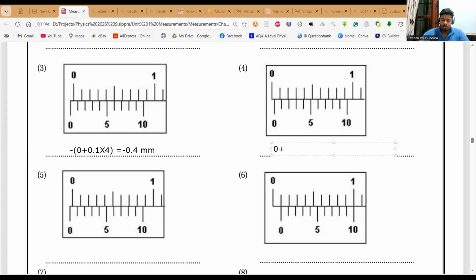Therefore, 0 plus 0.1 multiplied by the number of divisions coinciding, which is the third one. From the front side, now we are reading, that is 0.3 millimeters. Okay. Now, if you go to the fifth one, this is also a negative one. Therefore, you can start with the negative mark. Put a negative mark and start.